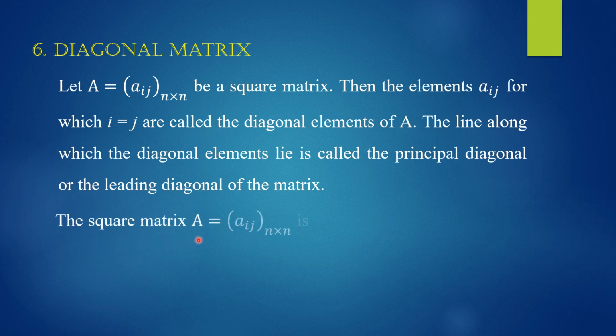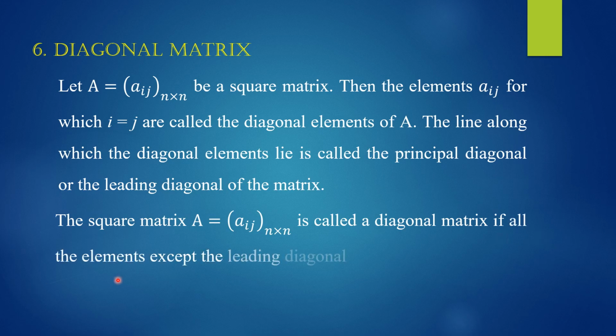The square matrix A equal to aij, n by n, is called a diagonal matrix if all the elements except the leading diagonal elements are 0. Except the diagonal elements, all other elements are 0 in a matrix, then it is called a diagonal matrix.